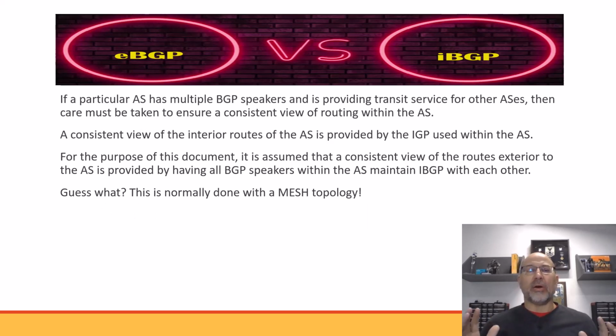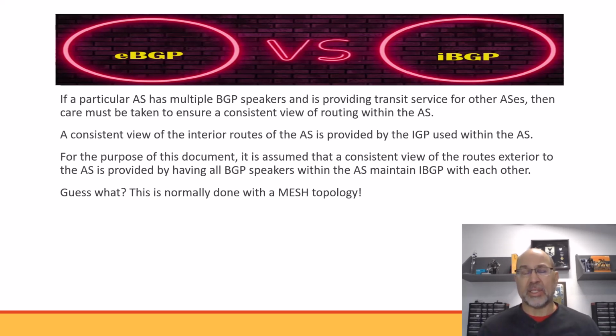Now, here's some language from the RFCs, and maybe we'll just go through it real quick, just to get our minds in the right place. If a particular AS has multiple BGP speakers and is providing transit services for other ASs.